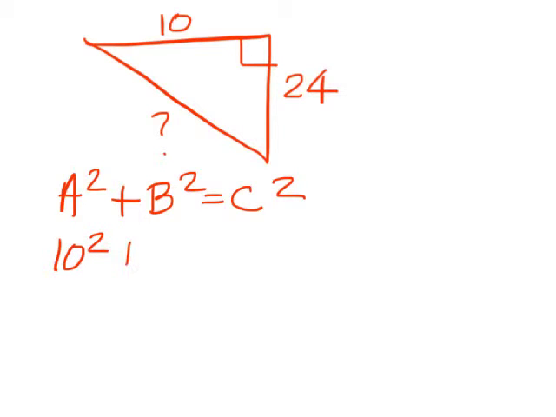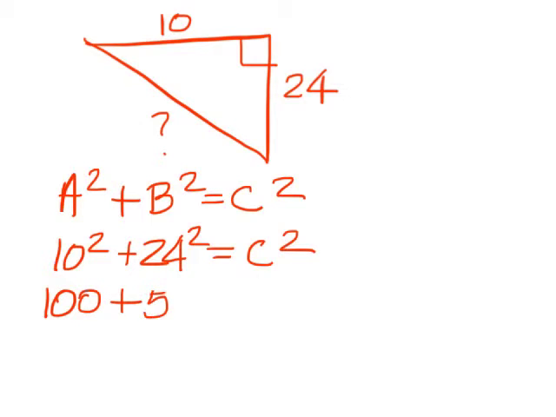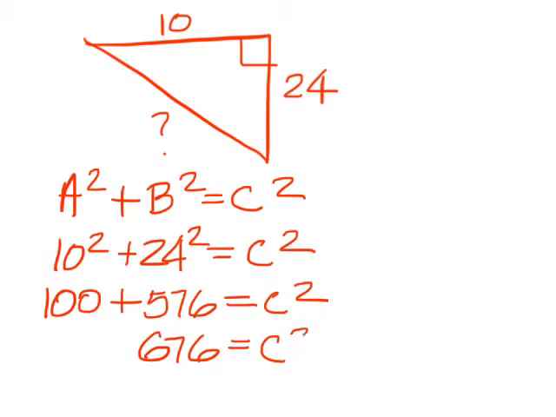That would be 10 squared plus 24 squared equals c squared, and that would be 100 plus 576 equals c squared. Add those together to get 676, and then find the square root of 676. So the square root of 676 should be 26.